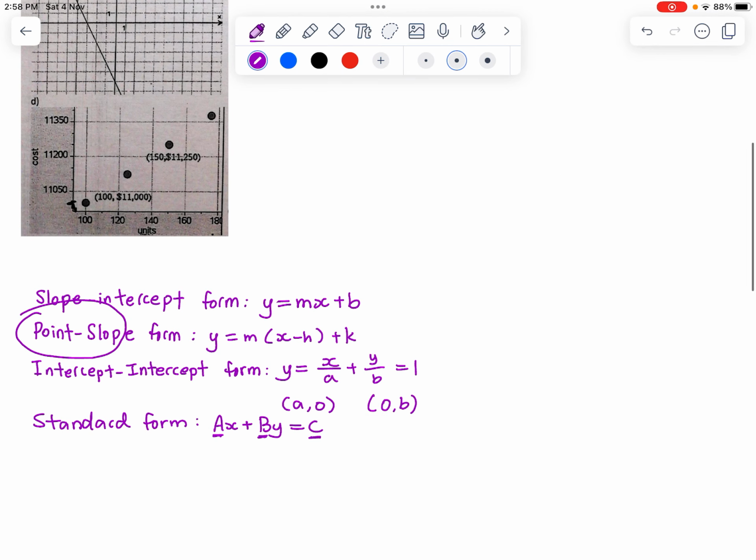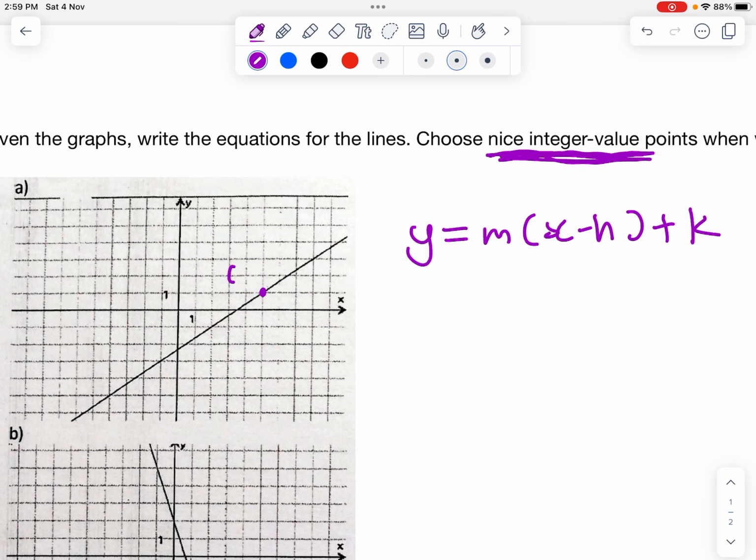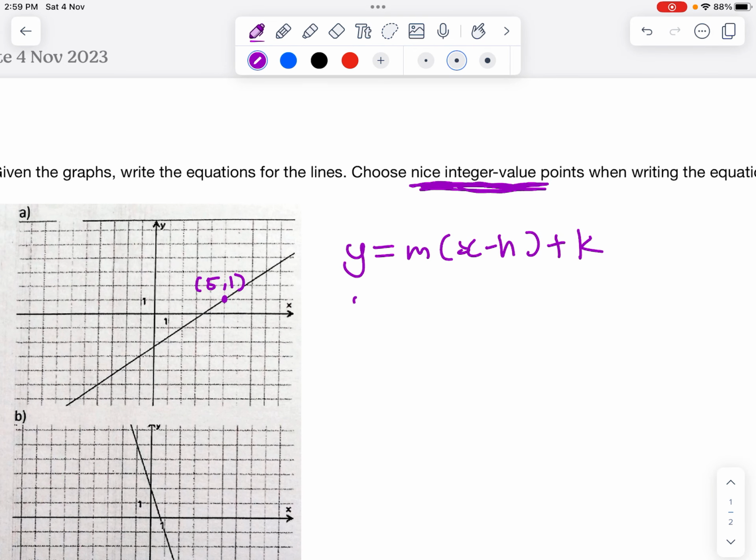So y equals m(x minus h) plus k. Here we can find any random point and just plug h and k in. Let's see. I see this is a pretty solid point, and it looks like this is 1, 2, 3, 4, 5. So 5 comma 1. So I already know what h and k is.